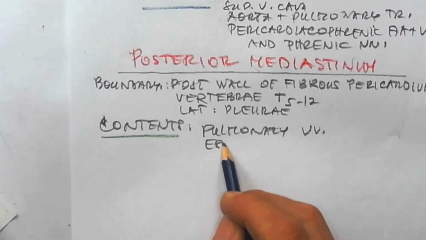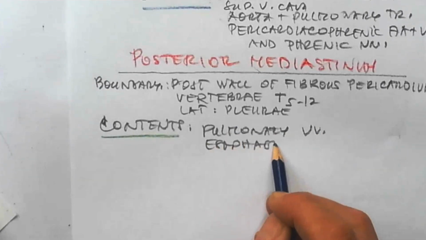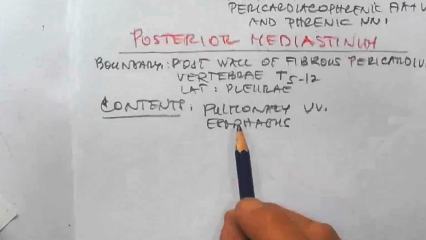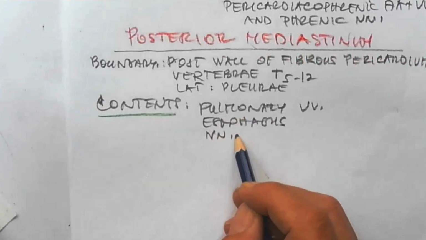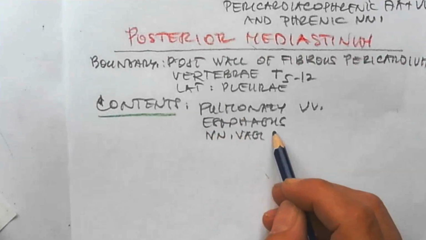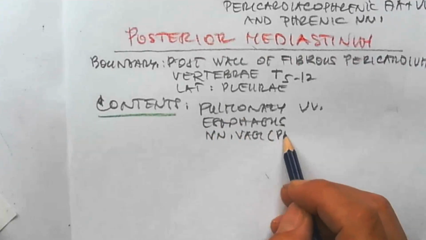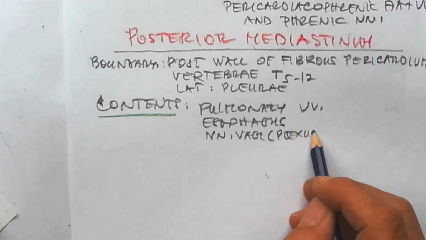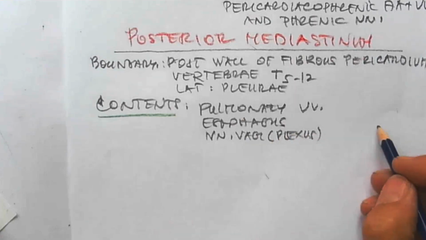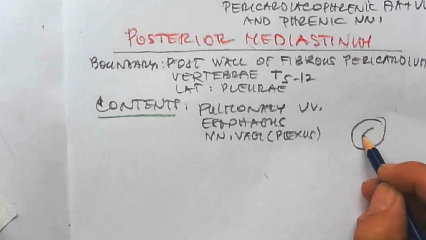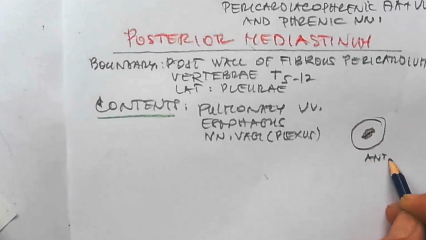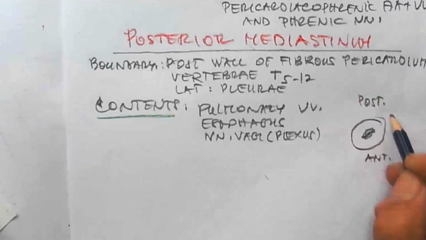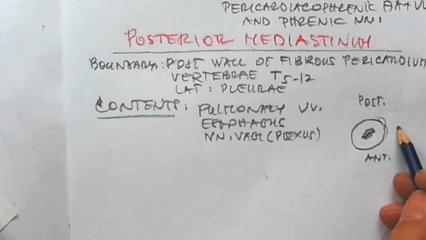Then the esophagus. We said the esophagus is a long structure. Then the vagus nerves, or we could say just plexus, because they form the esophageal plexus. And note that if we see the esophagus from above, here we have the anterior surface, this is posterior, and that one is the left.